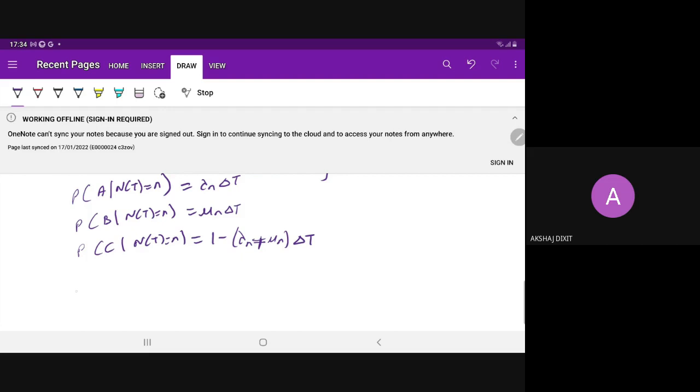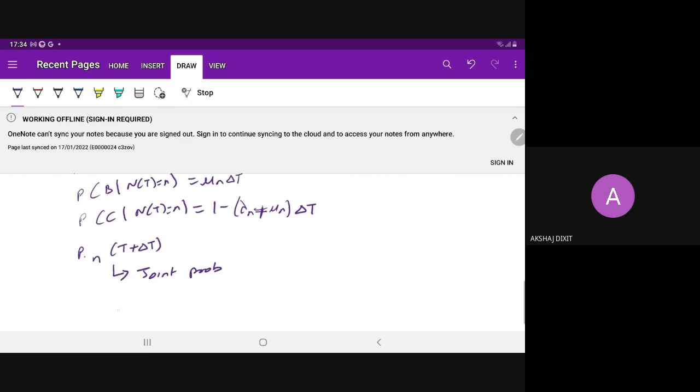Now, if I want at the time t plus delta t there must be n customers, here I am computing the joint probability. N is the number of customers, a discrete random variable.